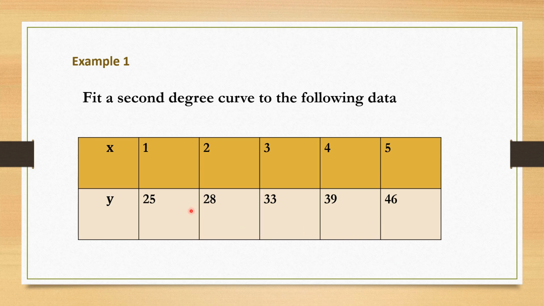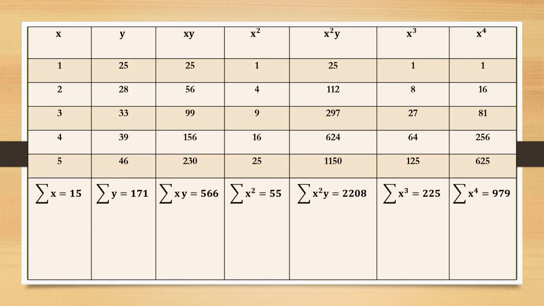Now when we see the normal equations, we require summation x, summation y, summation xy, summation x square, summation x square y, and so on. All these summations are required to get the three equations in terms of a, b and c. So accordingly, we will form the table. We require x, y, xy, x square y, x cube and x raised to 4.